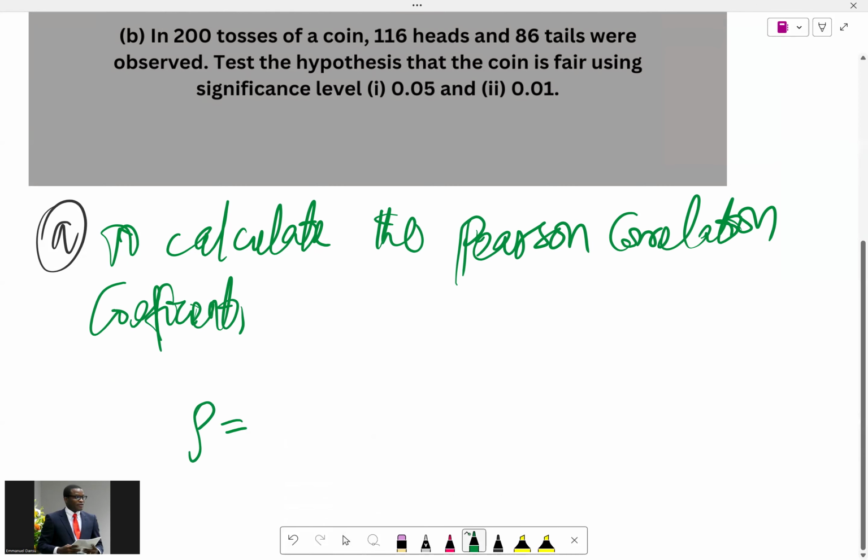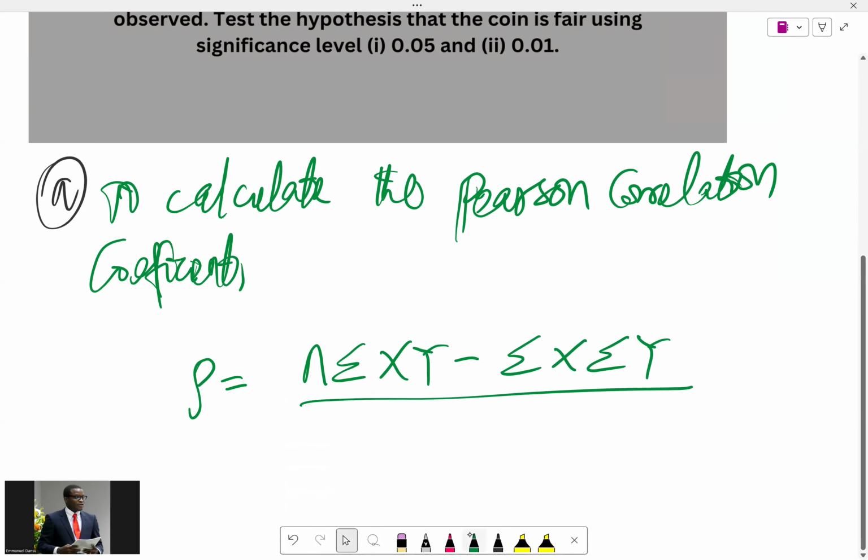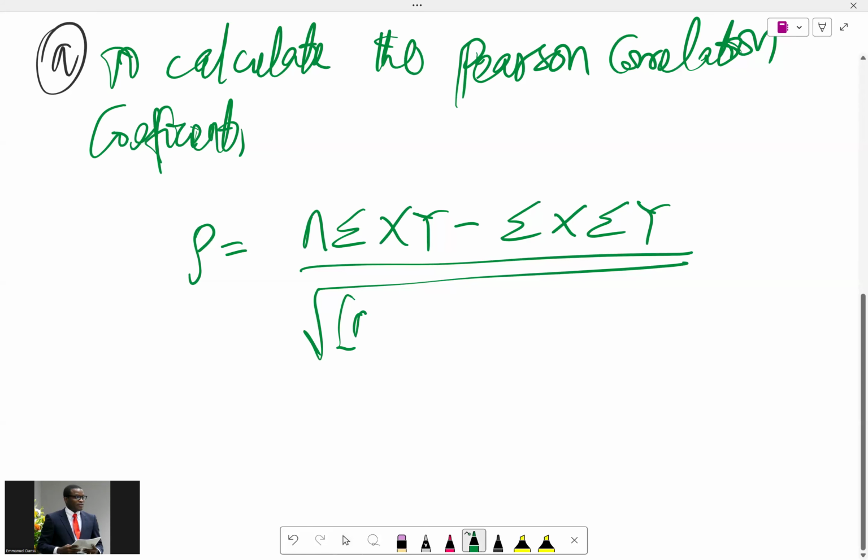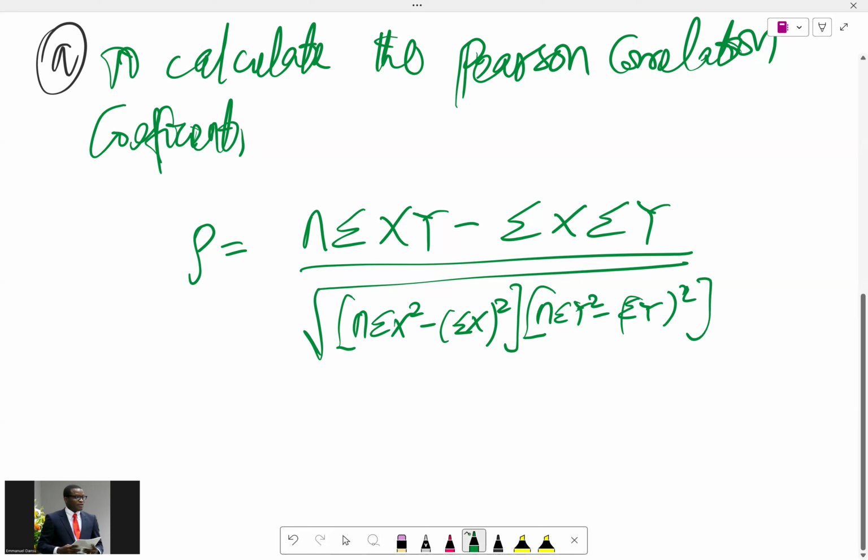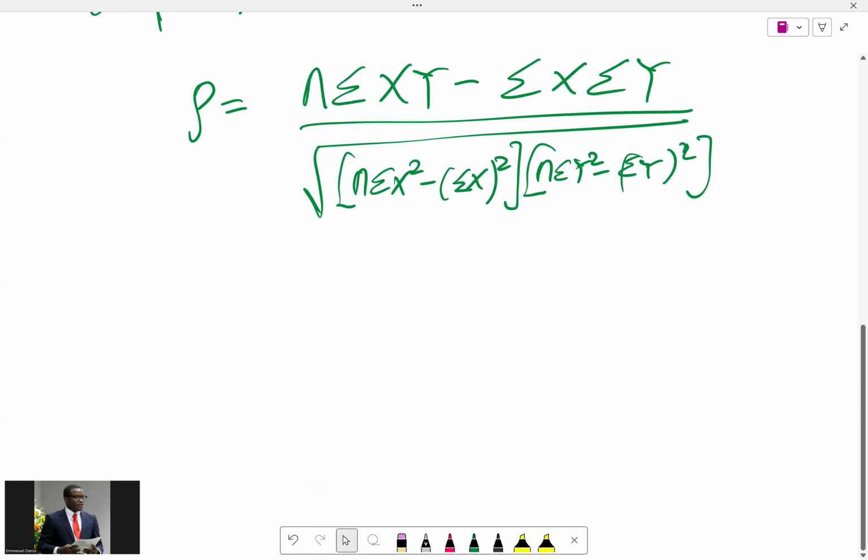So rho equals n summation xy minus summation x times summation y, divided by the square root of n summation x squared minus summation x all squared, into n summation y squared minus summation y all squared. That's how it's going to be. And then we need all these terms so we can get the result.